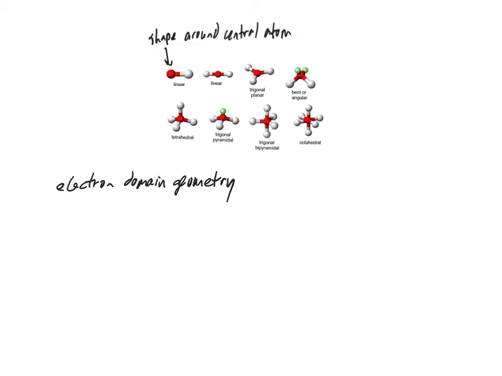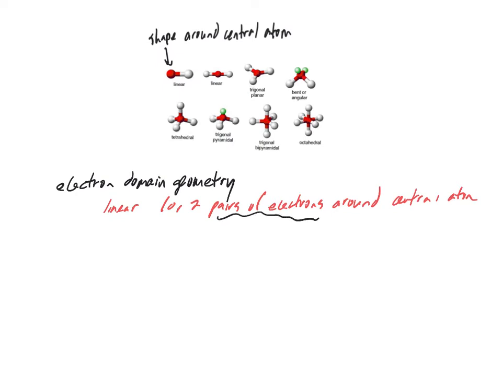The first one is linear, and what that means is that there are one or two pairs of electrons around the central atom. And notice the language specifies pairs of electrons. And those pairs of electrons could be either bonds to another atom or lone pairs of non-bonding electrons.